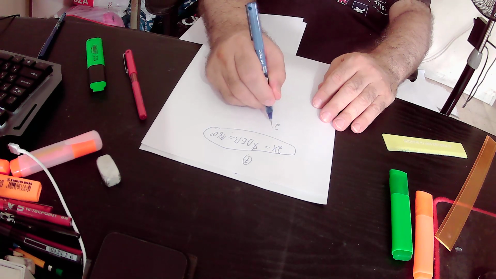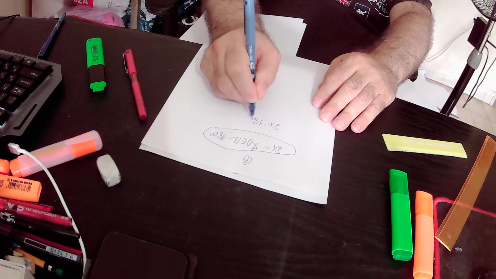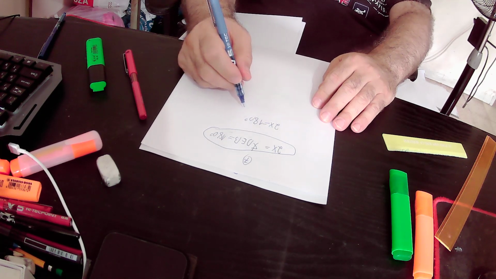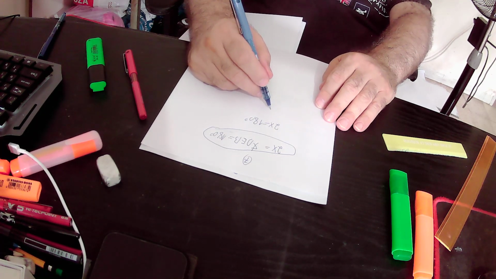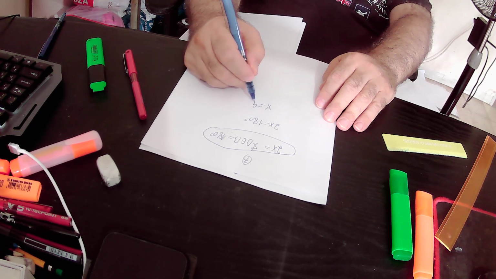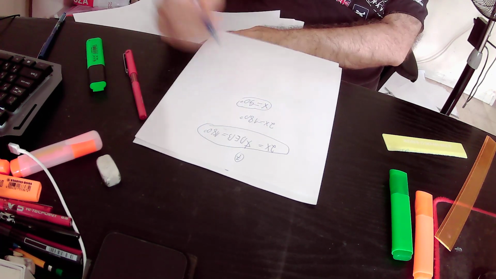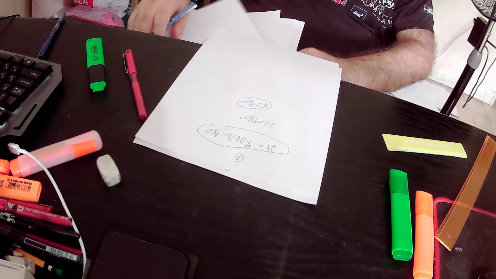Here we will divide this equality by 2, and we will get that angle x equals 90 degrees in its size.